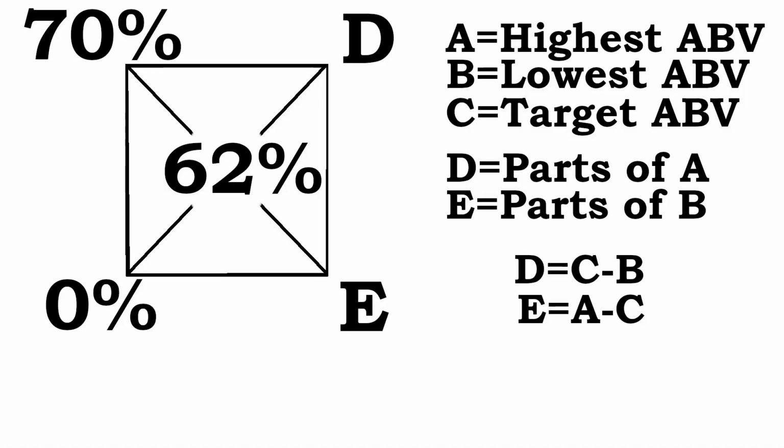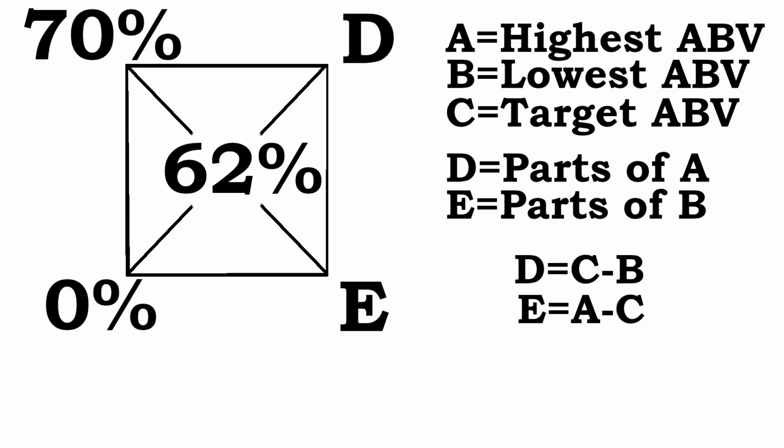So in this example, I'm going to say that I've got some 140 proof spirit that I want to proof down because I want to put it in a barrel. And 140 proof is too high to go into a barrel. In my opinion, 125 is nice. So I'm going to set my target ABV at 62, which is actually 124 proof.